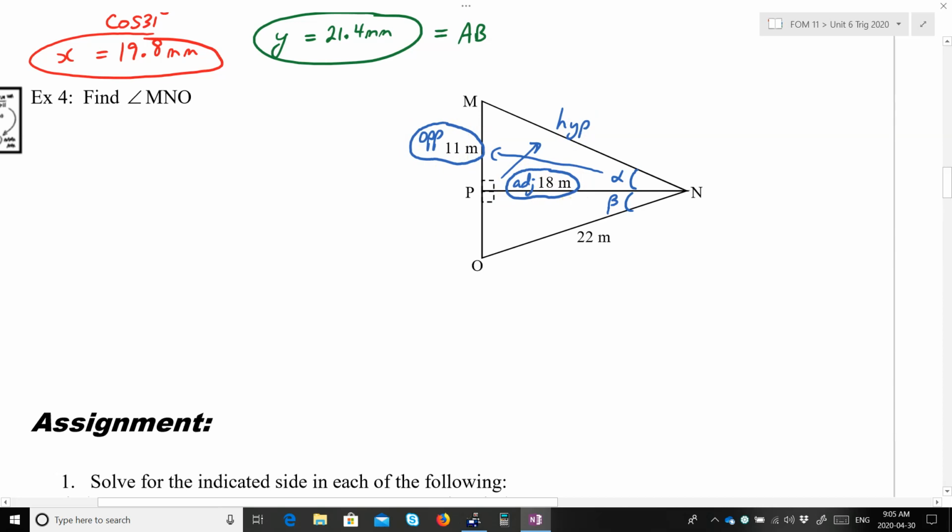Okay, so we're going to be working with opposite and adjacent. Opposite and adjacent. That comes from tan.